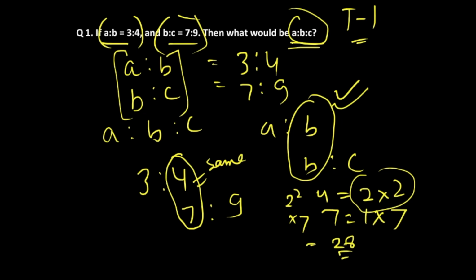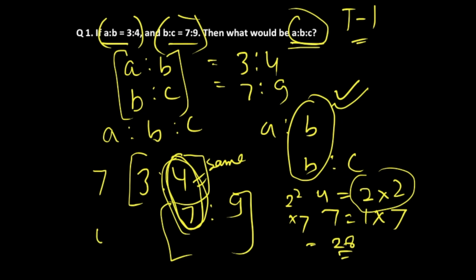So we will have to make this particular part over here as 28. We can do that by multiplying the first expression by 7, because 7 times 4 is 28, and multiplying the second expression by 4, because 4 into 7 is also 28.